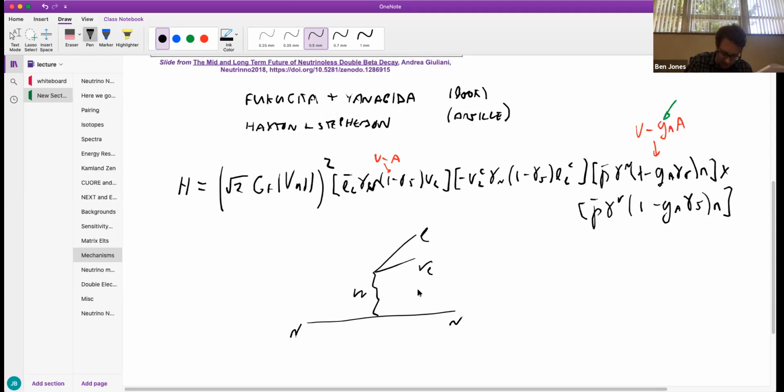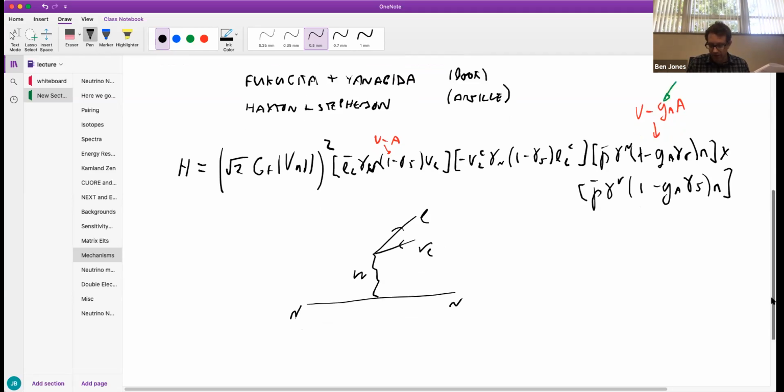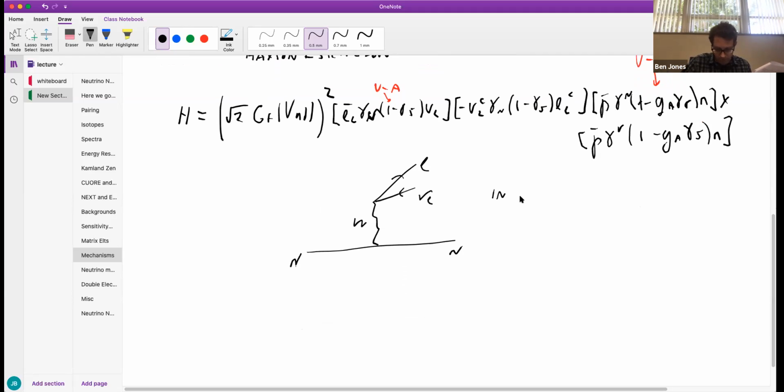And then we'd have a neutrino and an electron. Okay, so this is what we would have in the case of a nucleon in vacuum. And so this current here would just be V minus A form.